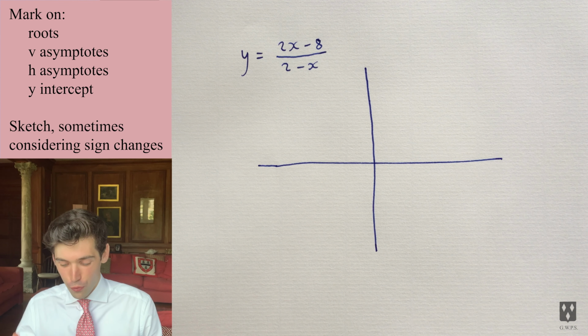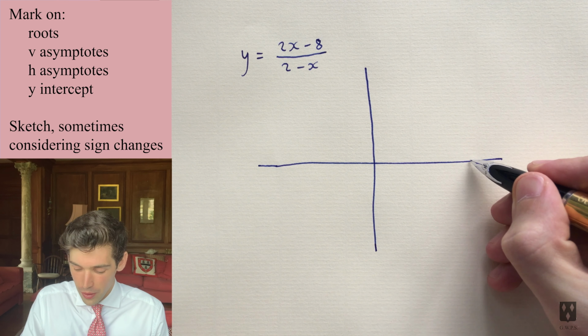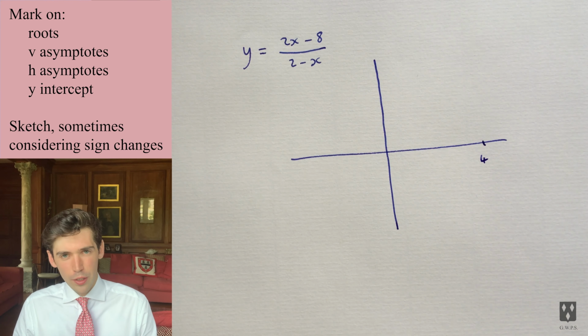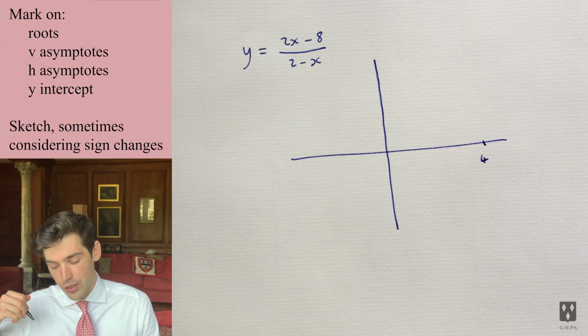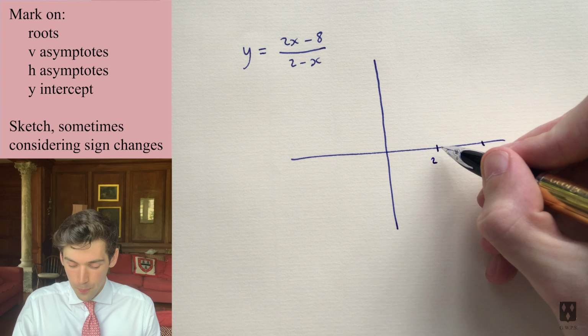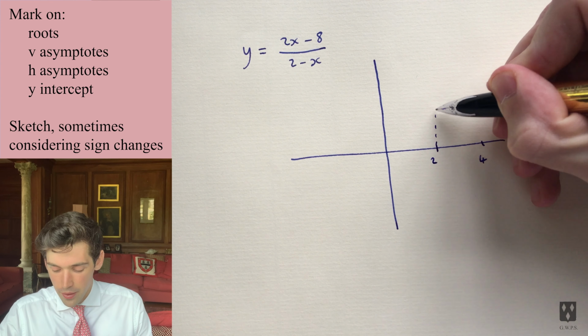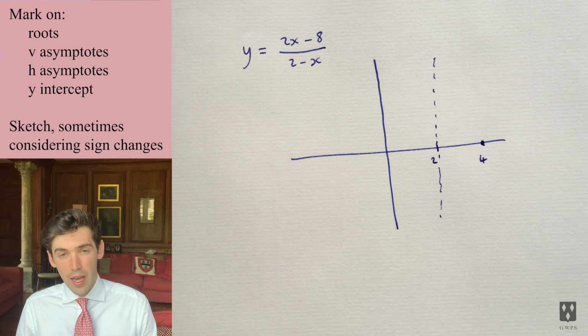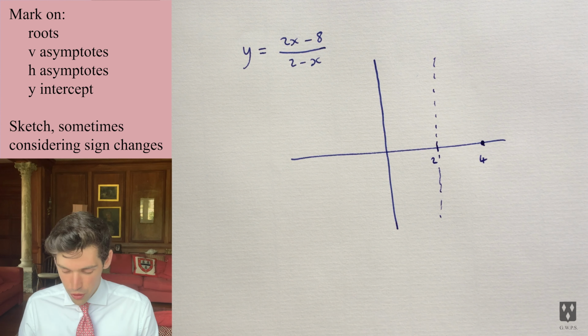When x is 4. So mark on 4, probably somewhere about here. And then 2 minus x, when does that equal 0? When x is 2. So mark on 2 here. Now that's going to be a vertical asymptote, whereas at 4, this is a root. So it passes through at 4.